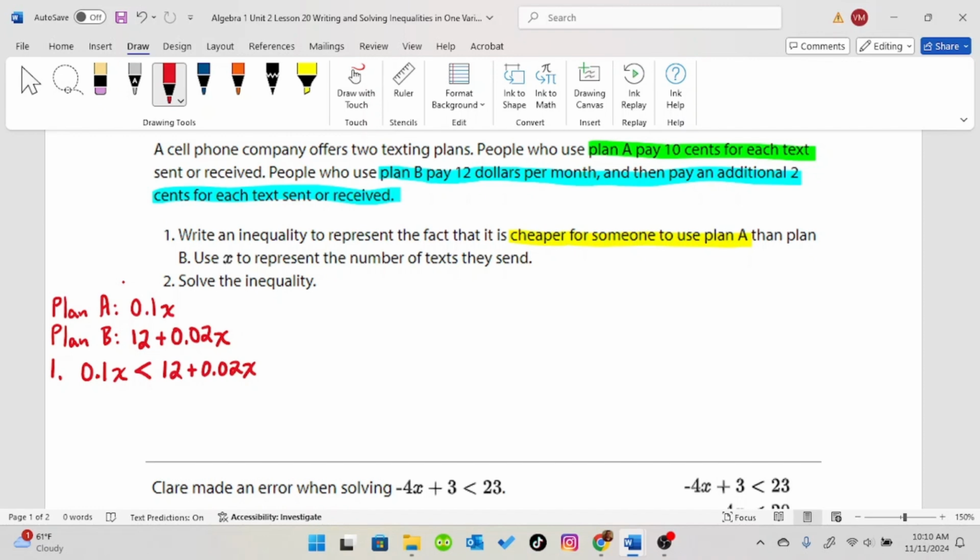Number 2 wants us to solve the inequality. So we have 0.1x is less than 12 plus 0.02x. As I've said, I want to work with positive x, so I am going to subtract the smaller x from both sides.